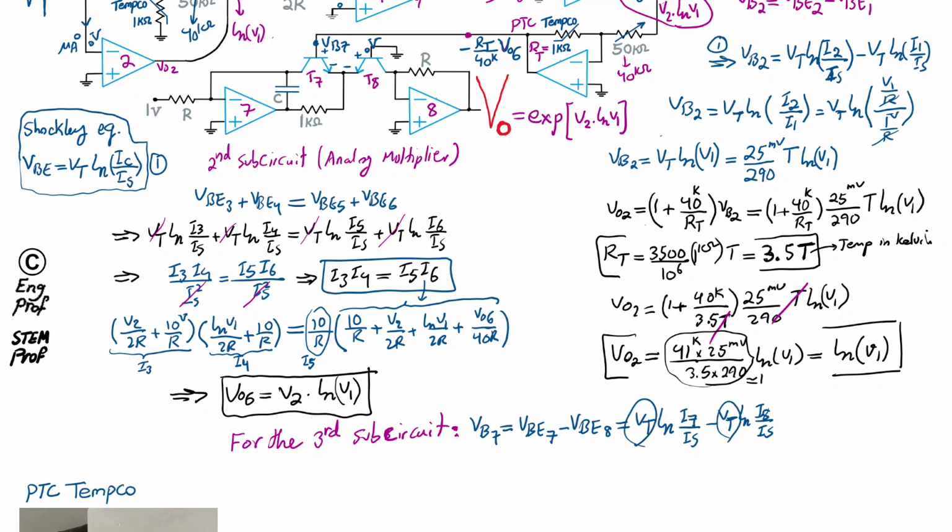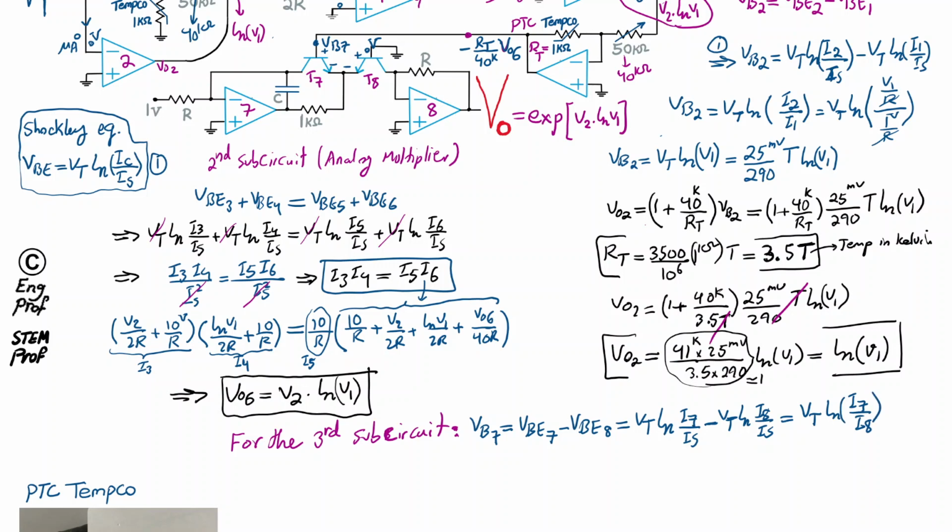So therefore, I can just rewrite this whole thing. The property of subtraction for the two logs will get rid of IS, which is the most troublesome component in terms of thermal variation. So I get thermal voltage VT, natural log, and again I7 over I8. So we got rid of IS.